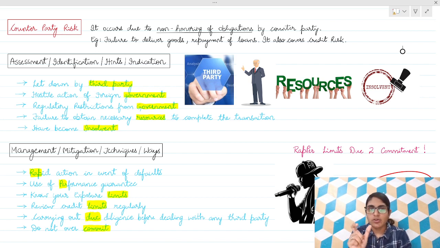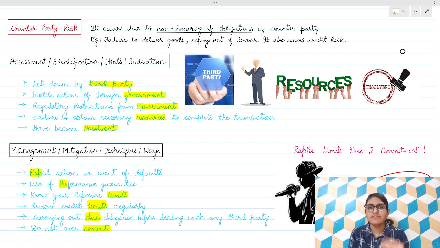Resources: failure to obtain necessary resources to complete the transaction. Insolvent: have become insolvent. So again, third party, foreign government, resources, insolvent. Let down by third party.